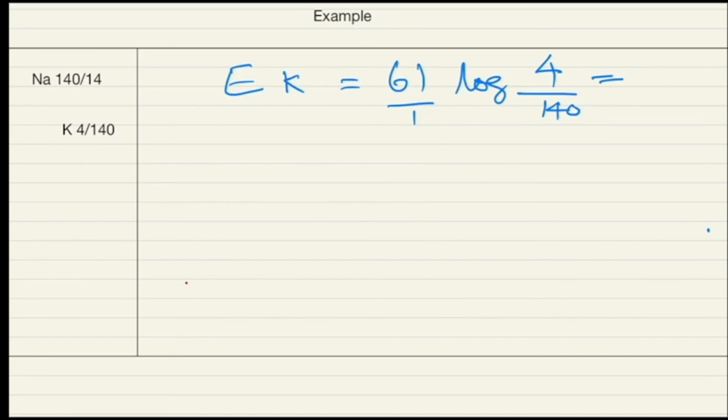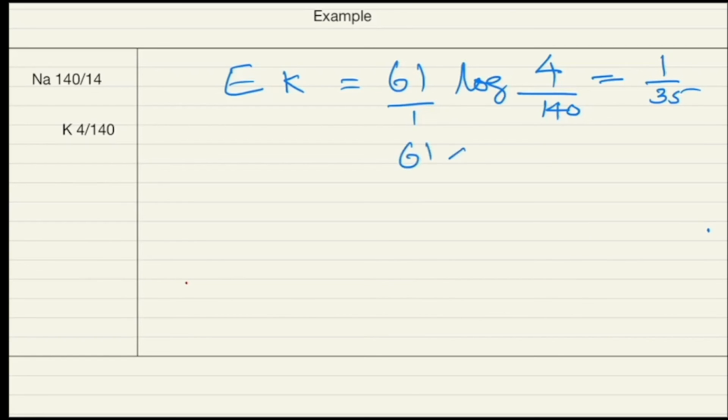So let us take the example of the Nernst potential, or the equilibrium potential, for potassium. The formula is 61 divided by valency, that is 1. Potassium outside is 4, inside is 140. 4 divided by 140 will be 1 by 35.